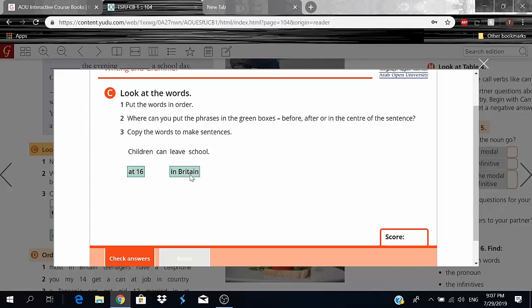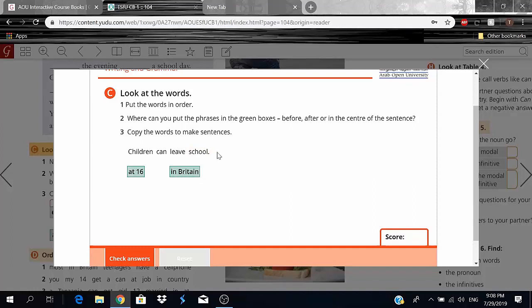So I can say children can leave school at 16. Let's just say it orally. So children can leave school at 16 in Britain. This is one way to do it, and this will be to the end of the sentence.